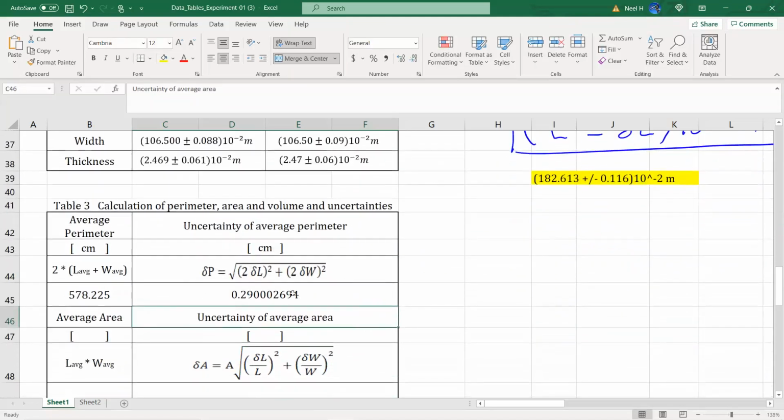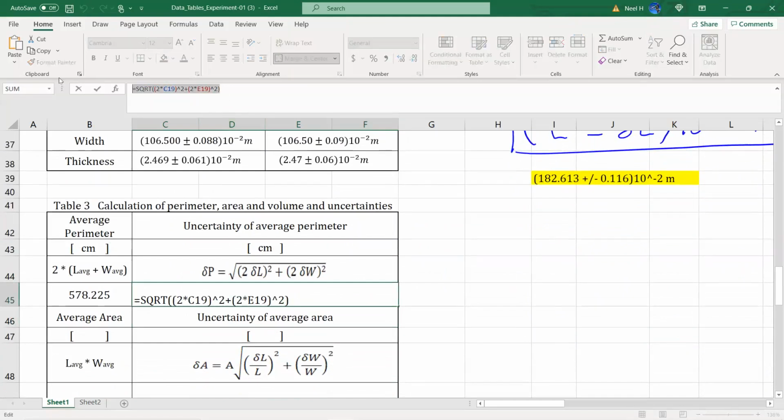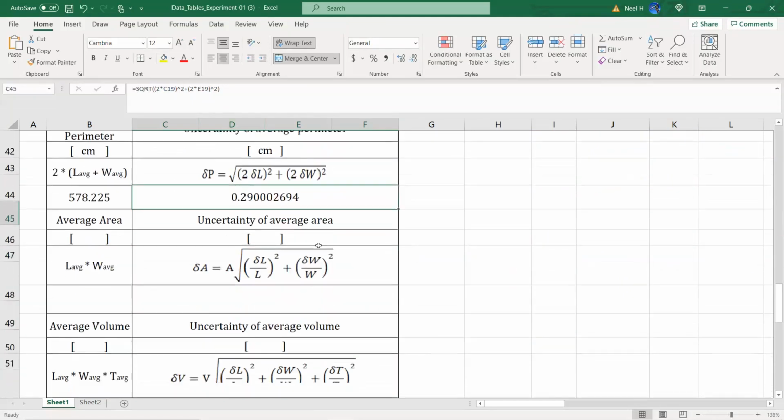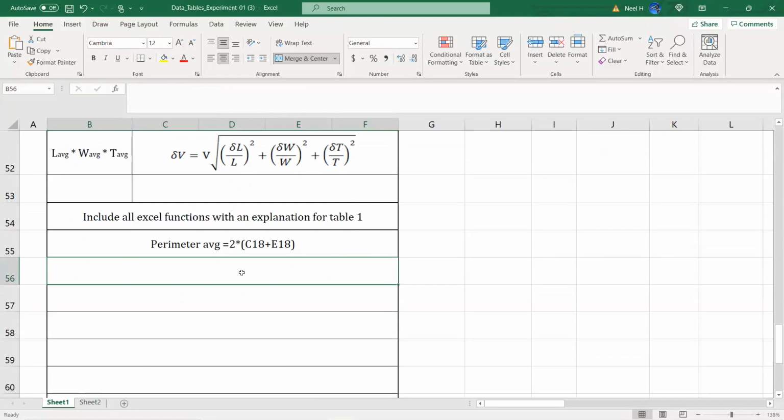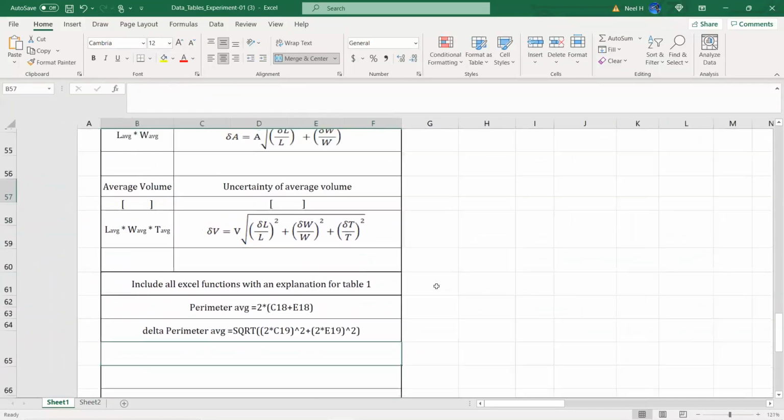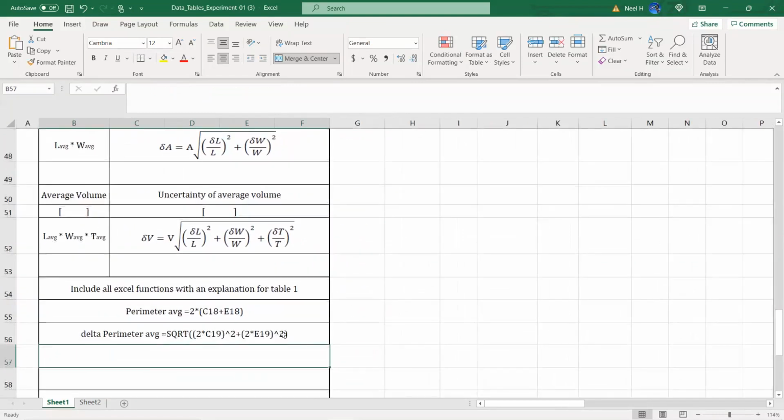That's it. Now, that number you can see has many sig figs, which we do not want to keep. Let's say this is delta for perimeter average, perimeter AVG. And that's a function. If you want to refer to it, that's totally fine, equal and afterwards.